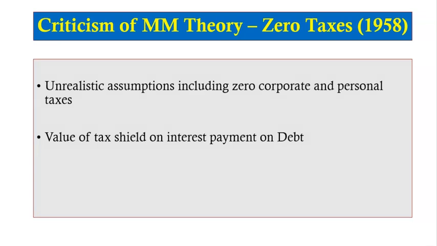Though some of the unrealistic assumption criticism may have been mitigated nowadays, the main criticism is still there, and that is the zero corporate and personal taxes, because it doesn't allow to account for the value of the tax shield on interest payment on borrowing by the firm. And this is what is addressed in their second paper, which is known as the with corporate taxes, published in 1963. We cover that in our next video.